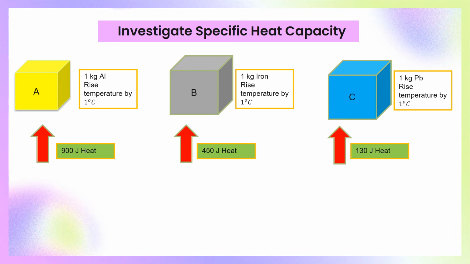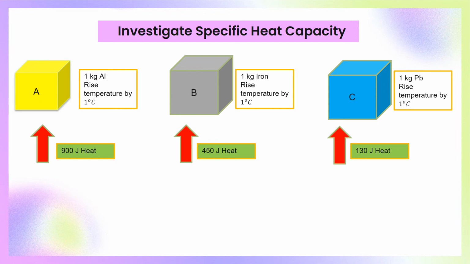So, can you tell me which of the blocks has the lower specific heat capacity? The answer is block C because it takes a shorter time to be heated.